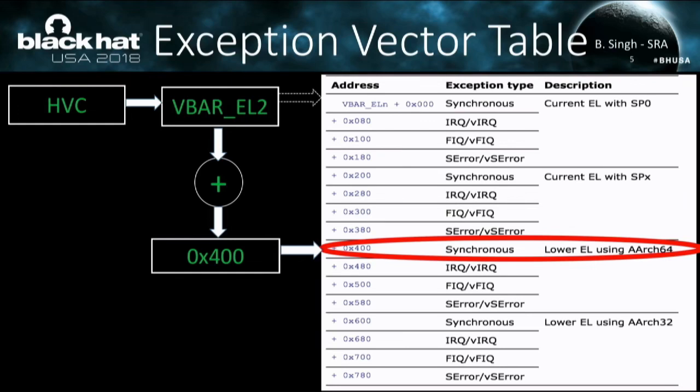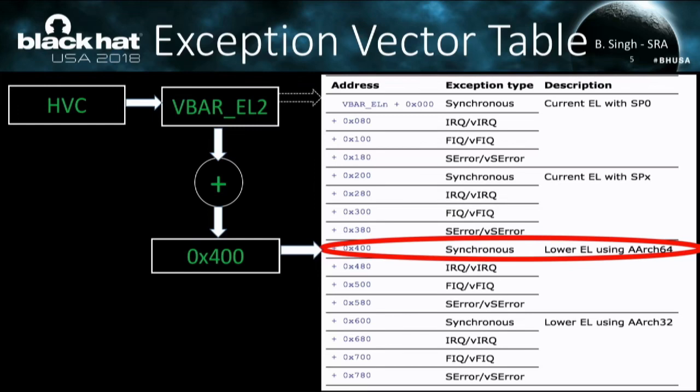The base addresses of these exception vector tables are stored in special registers called VBAR registers. Each EL has its own VBAR register that points to the corresponding exception vector table for that particular EL. So VBAR_EL2 will point to the exception vector table of EL2, and this exception vector table has 16 handlers in it, and each handler is executed based on the kind of exception.